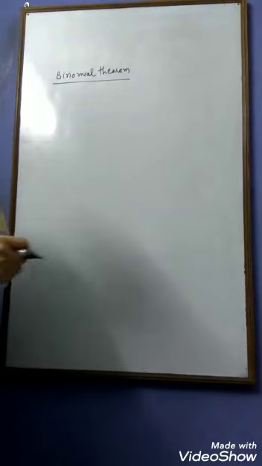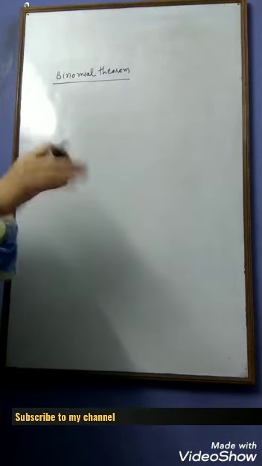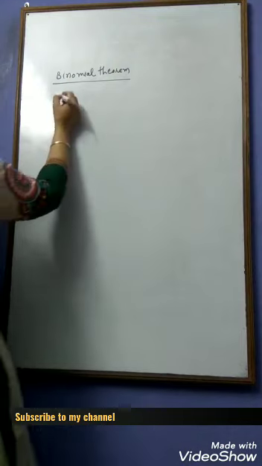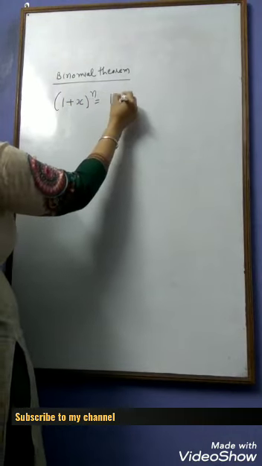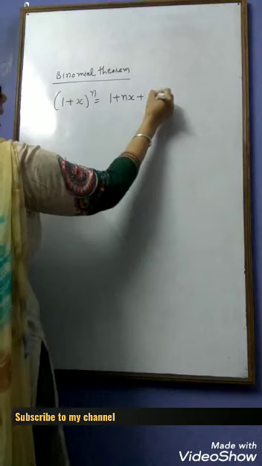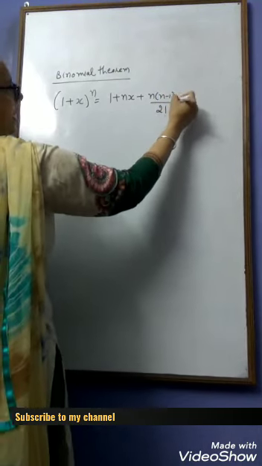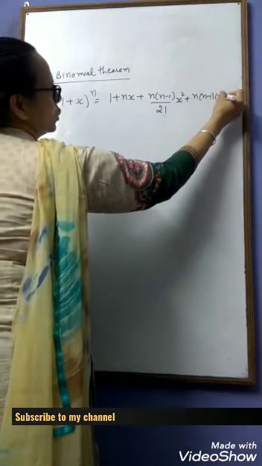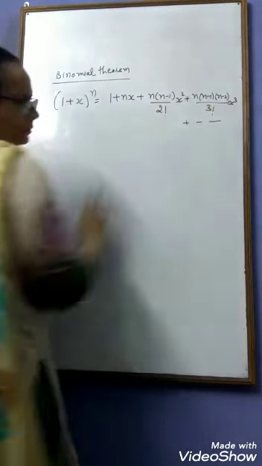In mathematics you use this binomial theorem for the various derivations, but in physics we use the binomial theorem for an index, that is (1 plus x) power n. It is 1 plus nx plus n(n minus 1)/2 factorial x square plus n(n minus 1)(n minus 2)/3 factorial x cube and so on.